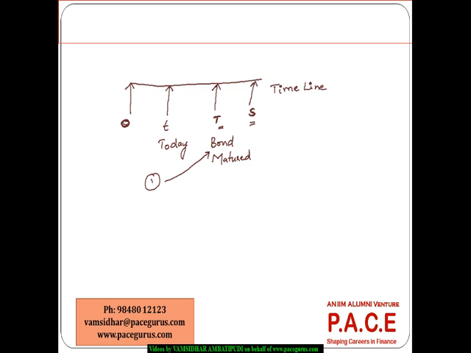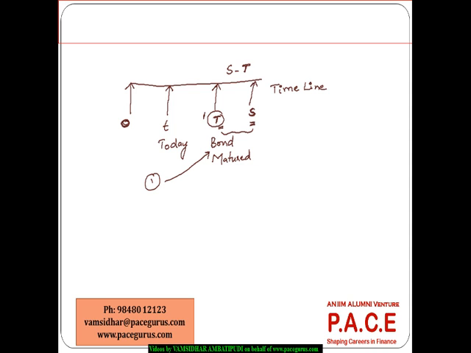In the other case, a person is thinking today that he wants to take a loan at time period T and clear it by time period S, which means the loan period is S minus T. If I look at these different kinds of time periods and amounts, I assume that when the bond is maturing, it gives me a face value of 1.